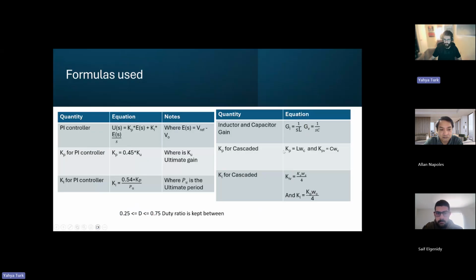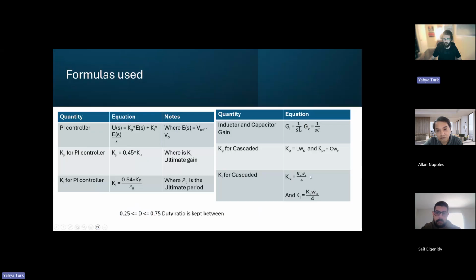And then we used just simple tuning formulas, which by calculating the inner frequency and the outer frequency, where our inner frequency is 1/10 of our switching frequency, and our outer frequency is 1/10 of our inner frequency. Using these two equations, we were able to calculate our Kp values, and then using these two equations, we're able to calculate our Ki values.